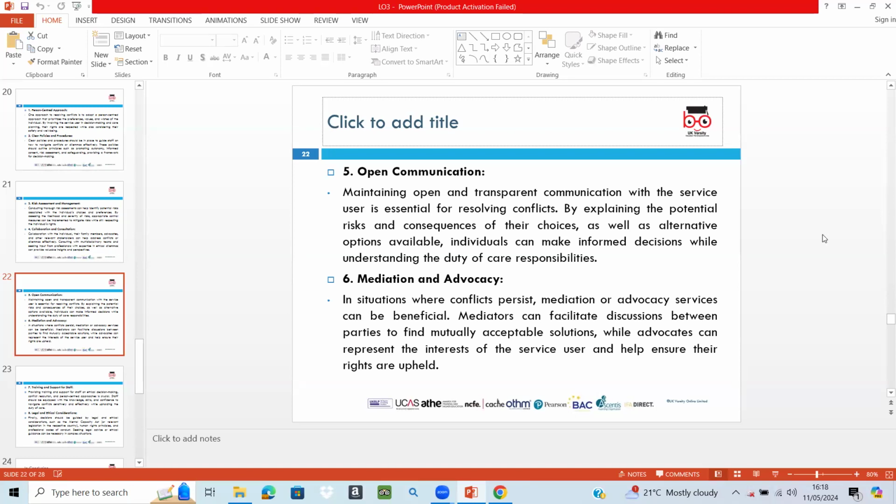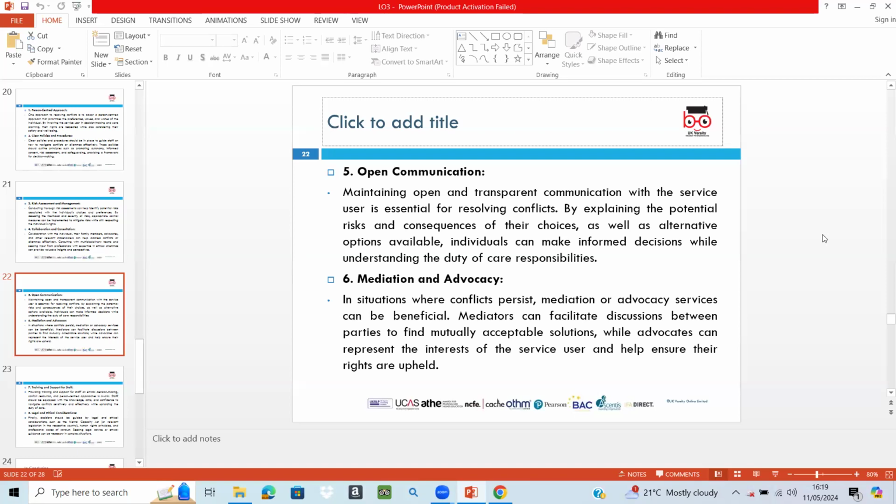So, in cases where conflicts persist or become challenging to resolve, mediation and advocacy services can play a crucial role.